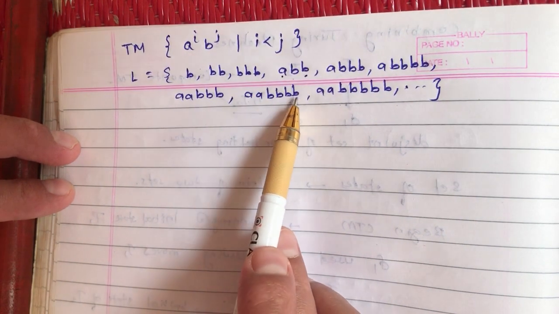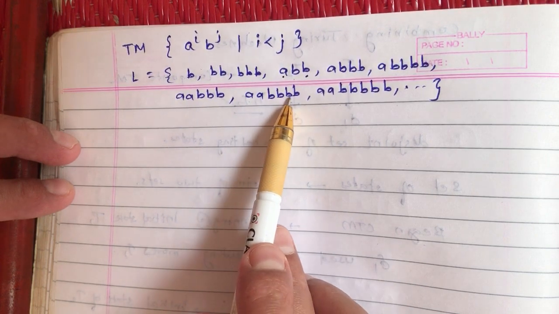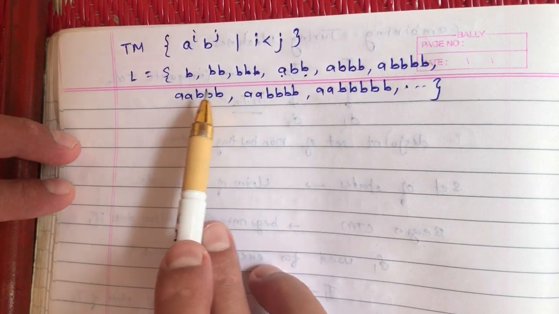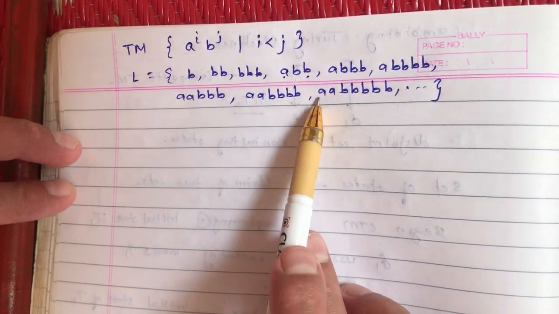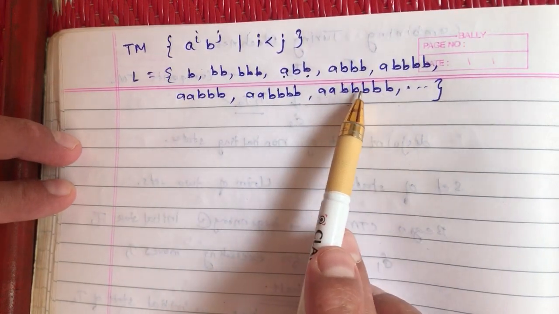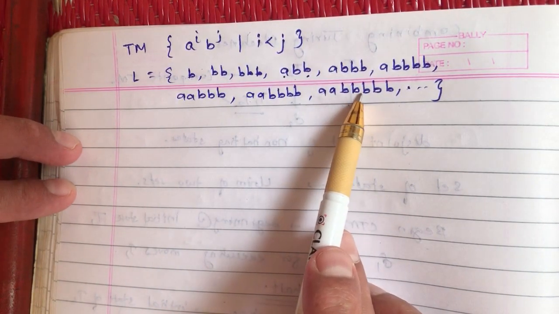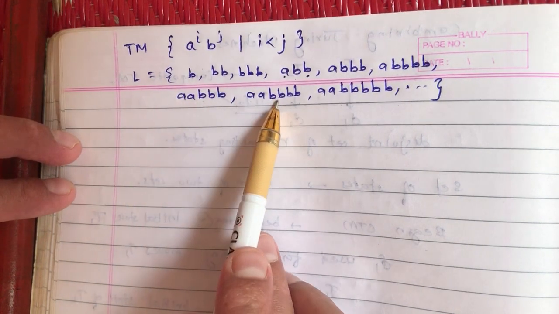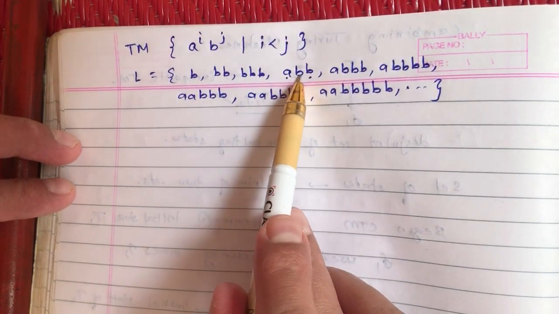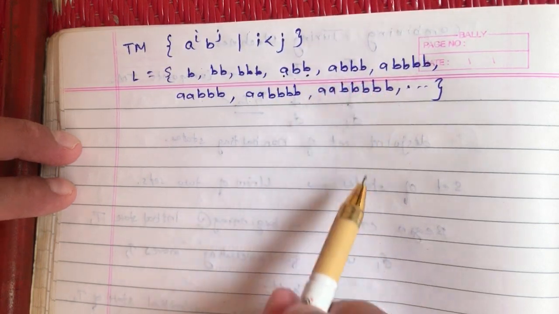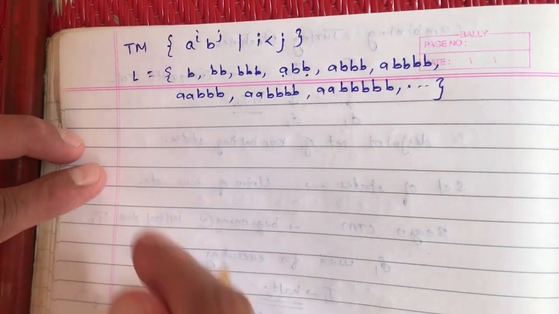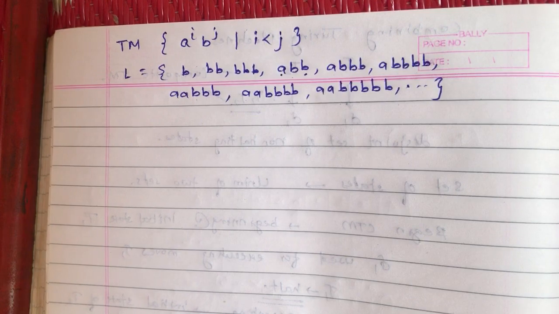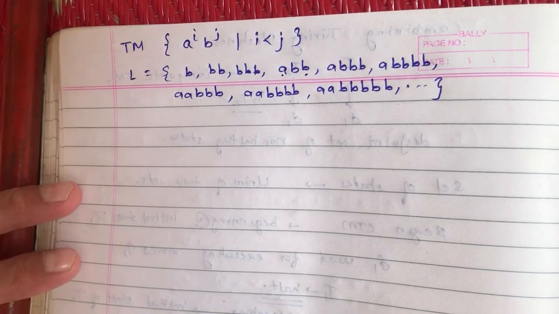For this a will cancel this b, for this a will cancel this b, and some more number of b's will be remaining inside, right? This more number of b's would be either one or many, correct? So if these b's are remaining, then we can take our diagram to the accepting state, that is HA.